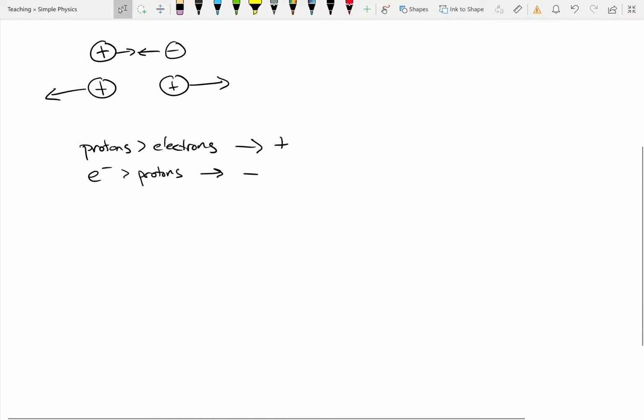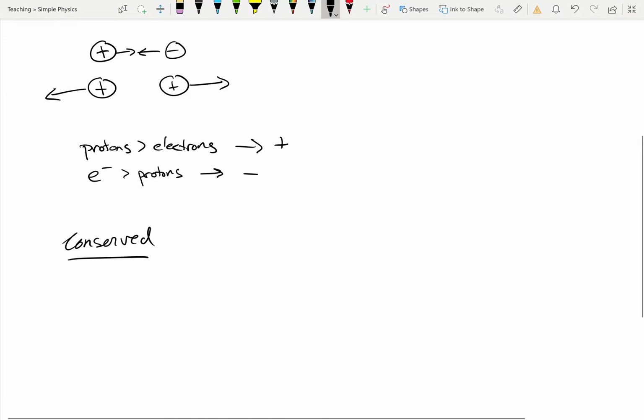So a little bit more about charge. It is a conserved quantity. Which means what? Well, it means that you cannot create or destroy charge. It's something that just exists. It can be moved, but it cannot be created or destroyed.